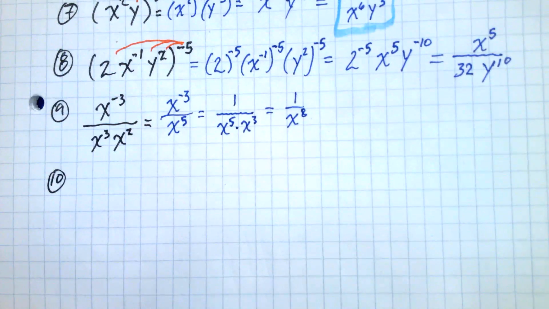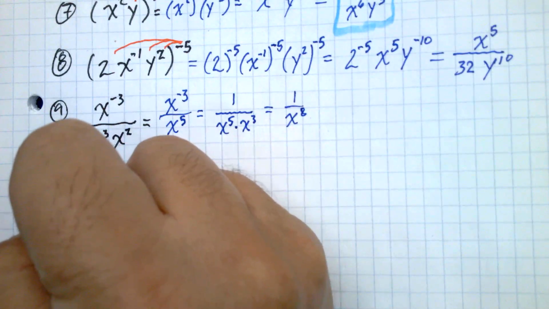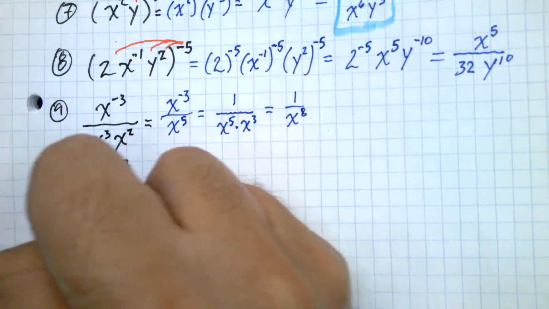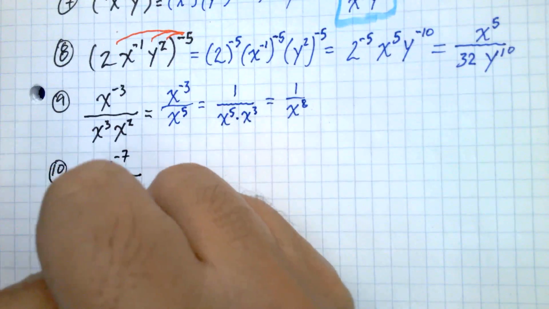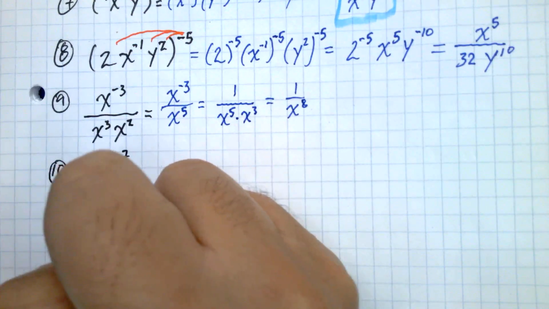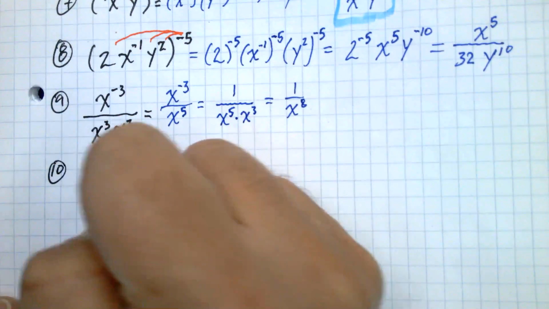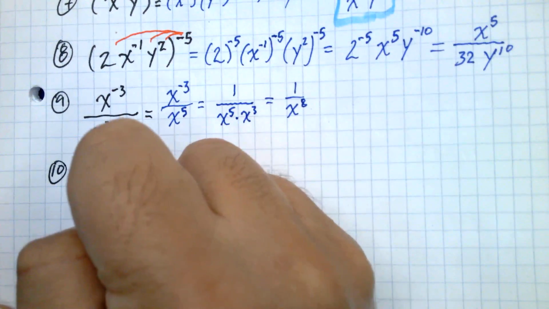Let's see here. I want you to try this one. It's the same idea. x to the negative 7 divided by x to the 6 times x to the negative 11. Okay?